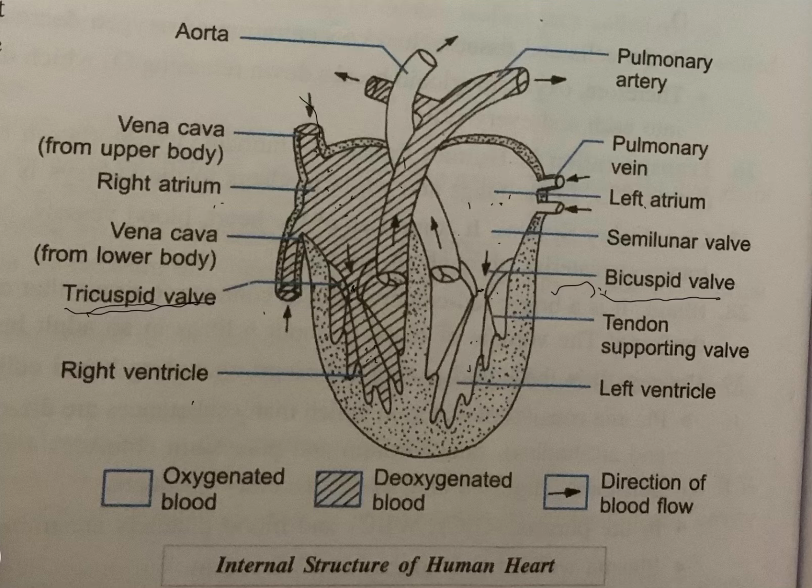The one which carries blood from the upper part of the body to the heart is known as superior vena cava, and the one which carries blood from the lower part of the body is called inferior vena cava. दो वेना कवा हो गई, एक upper part से ला रही, एक lower part से. And vena cava pours the blood into the right atrium. The atrium relaxes and receives the blood from the vena cava.